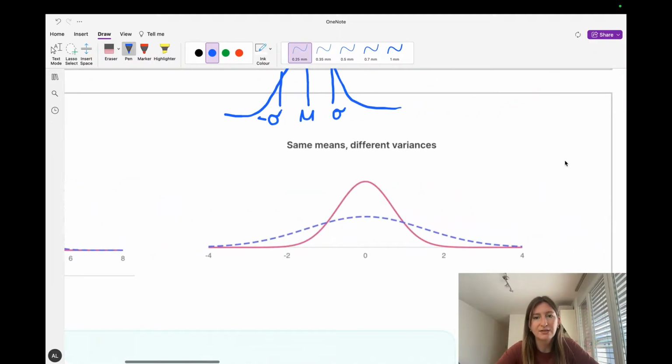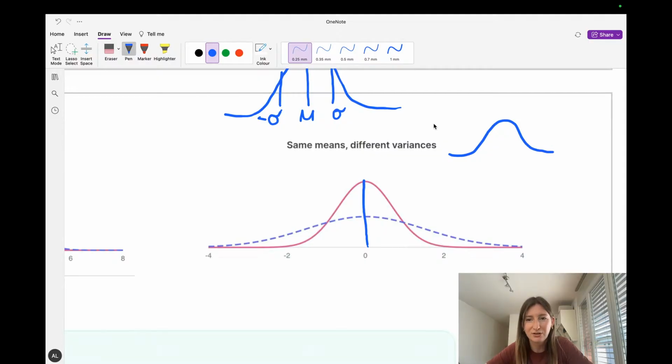Here we have the same means. You can see they're both on this line. They're both 0, but different variances, or different standard deviations. Let's just talk about standard deviations for now. So this one, we have the mean being there, and that's the distance between the standard deviations. If I take a curve that's really tall and a bit thin, and the mean is like that, you can see the standard deviation is quite small.